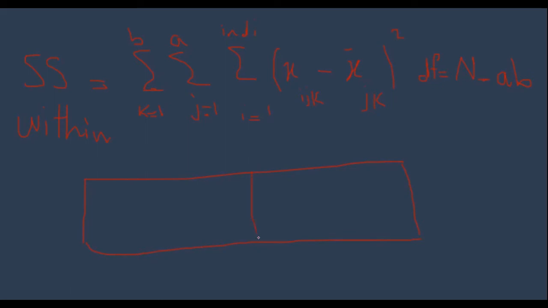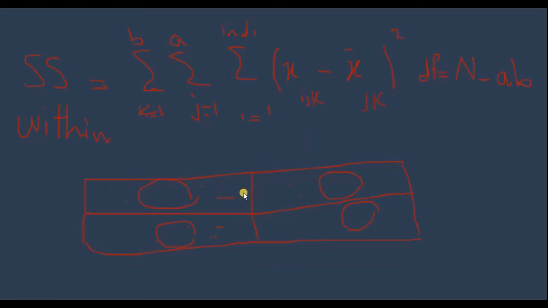We have to subtract each cell average from each individual in each of these cells, and then we get to power 2 and we do it for all levels and all individuals, and then degree of freedom is also obvious.